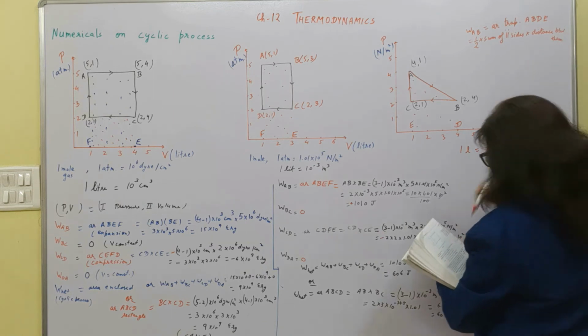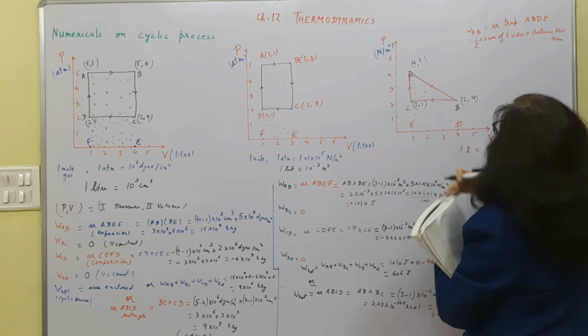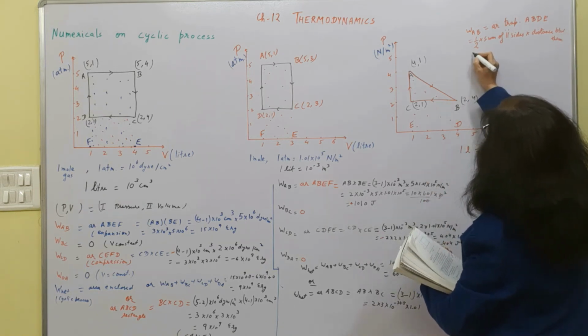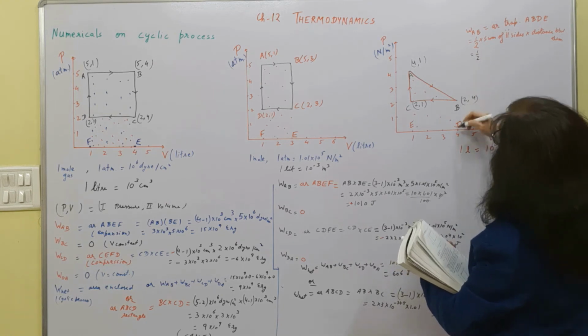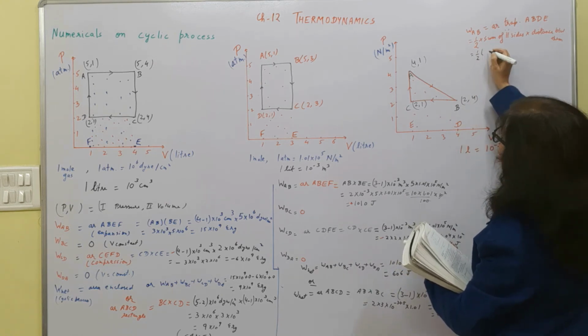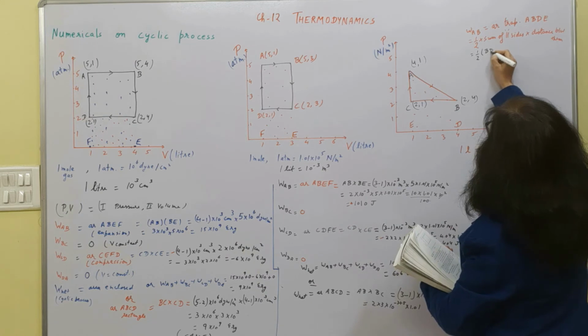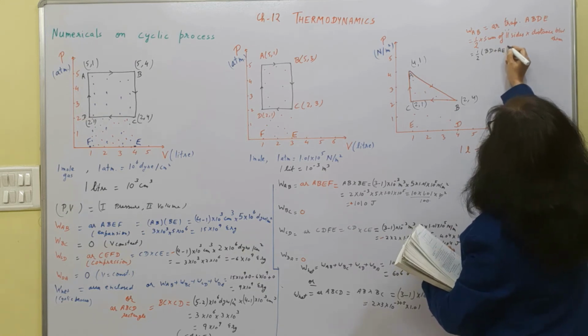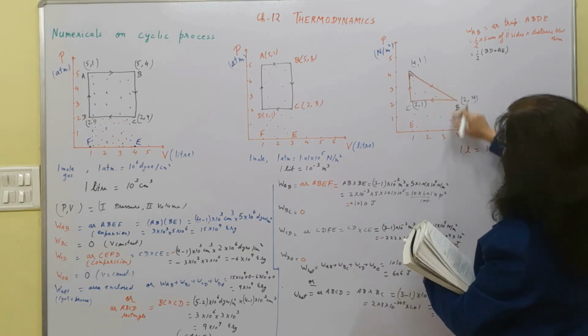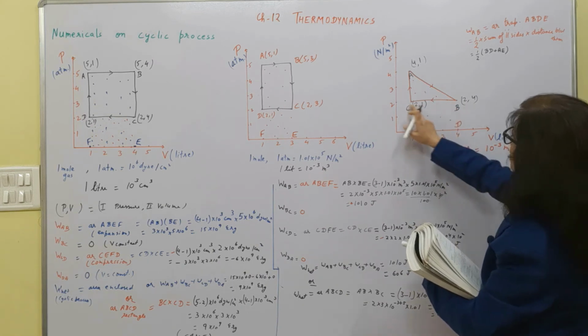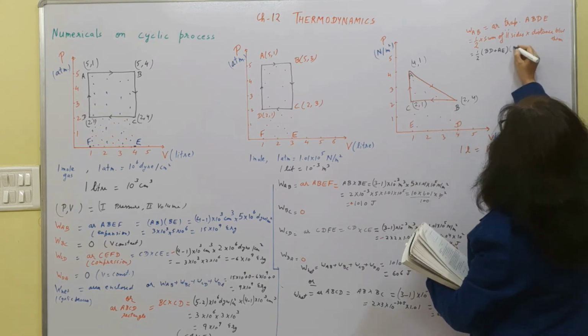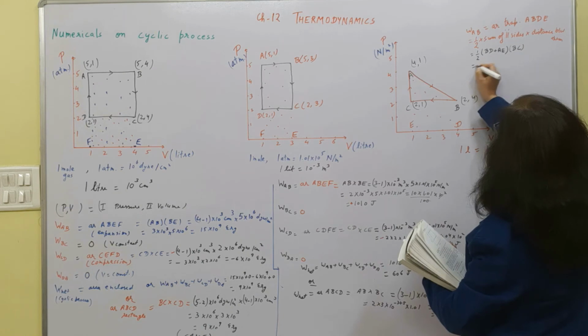We know this formula from mathematics. So how can you calculate the work done during this? Half sum of parallel sides means BD plus AE, and separation between these parallel sides is equal to BC. So this is BC.